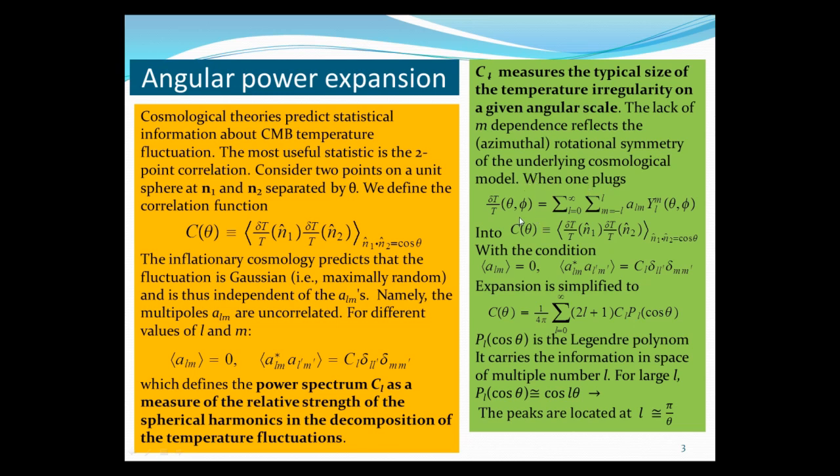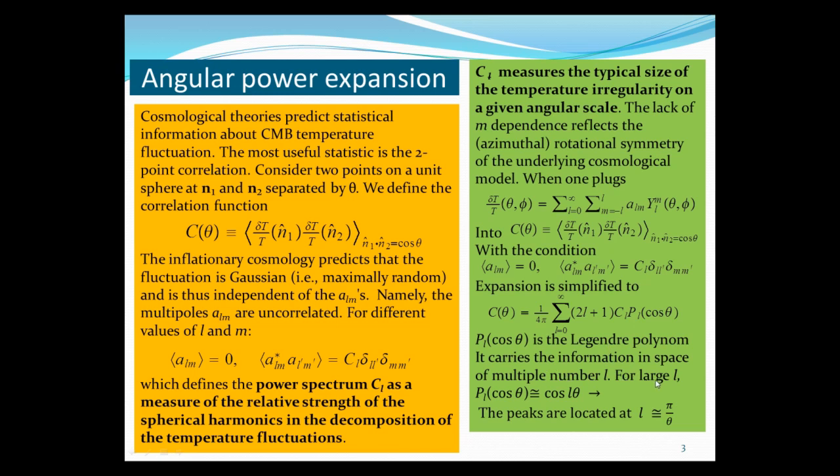When one plugs in delta T over T in terms of spherical harmonics from the last slide into the correlation function, with the condition that they average out to 0, we find that the two-point correlation can be expanded in terms of Legendre polynomials with expansion coefficients simply the C_l's. So this carries information about space at multipole number l.